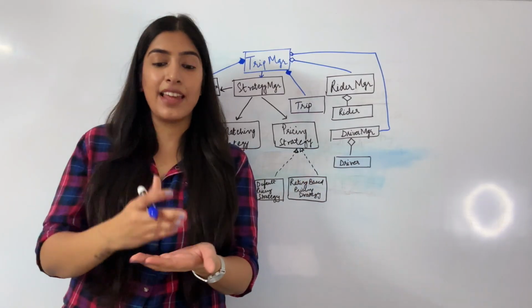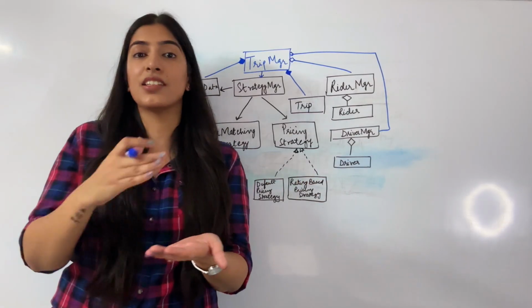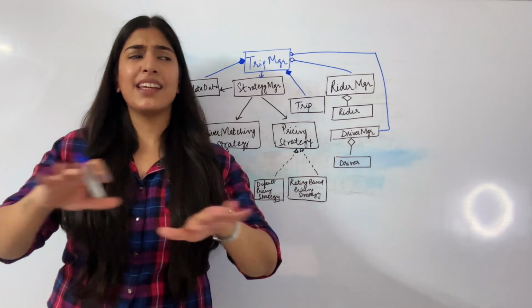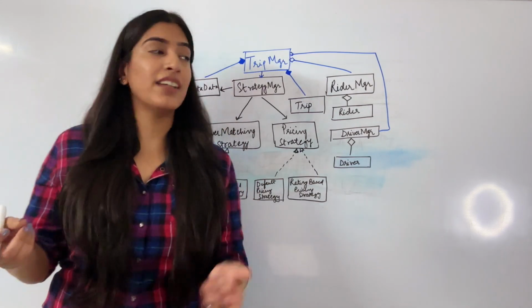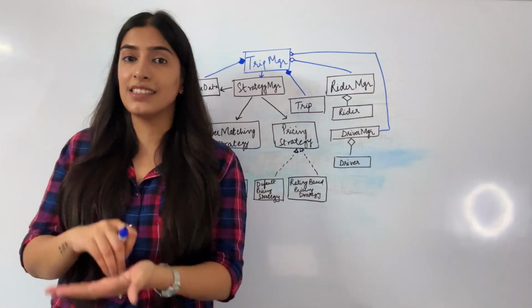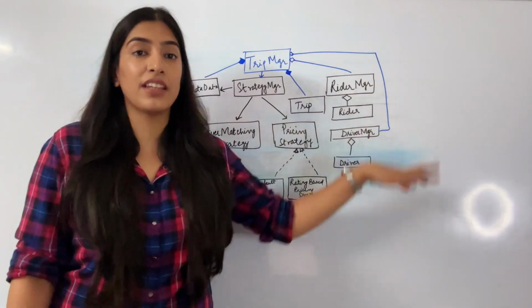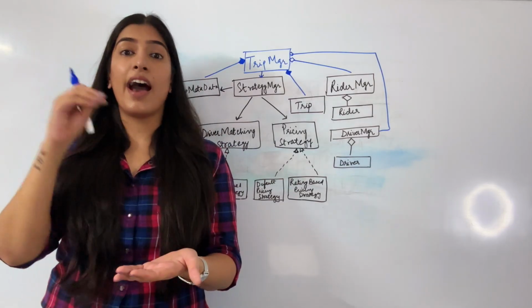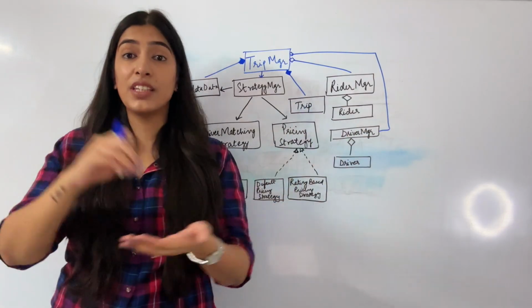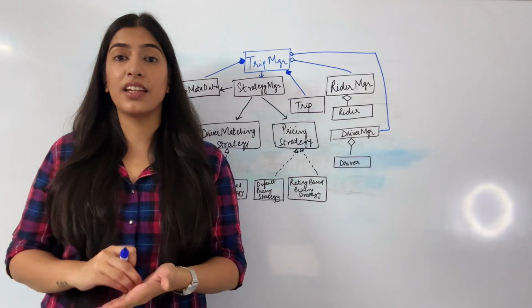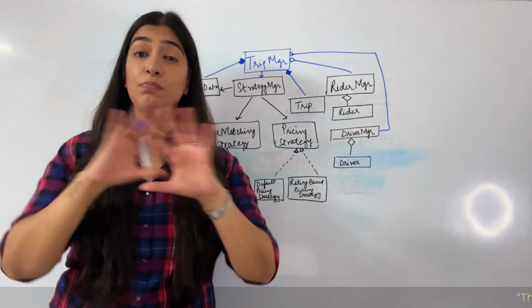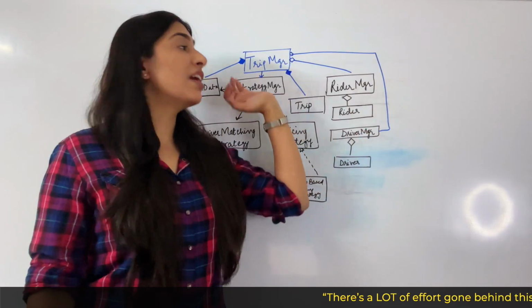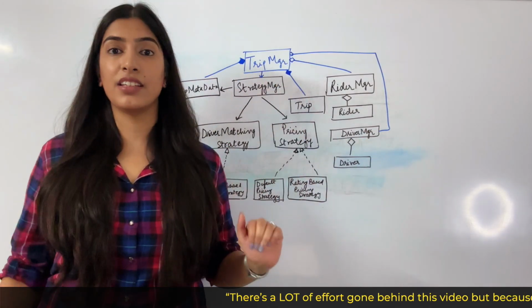But that is again a very thin line between aggregation and composition that we had discussed in the UML class diagram video. But in very simple terms, if you decide that riders and drivers can exist without trip manager, it is going to be an aggregation relationship. But if you make a design choice that no, I want my rider manager and driver manager to be created only after trip manager is created, and I'm going to create my trip manager in the beginning of the system itself, then yes, it will be a composition relationship. But for now, I am keeping it an aggregation relationship.